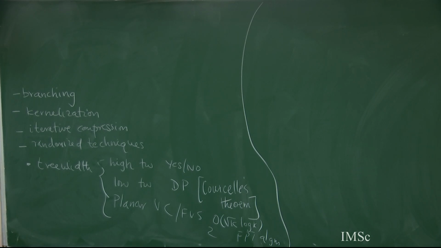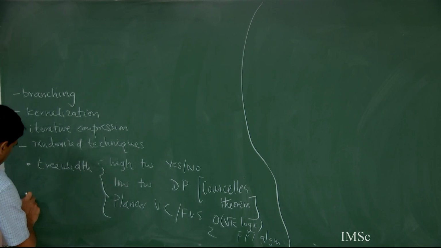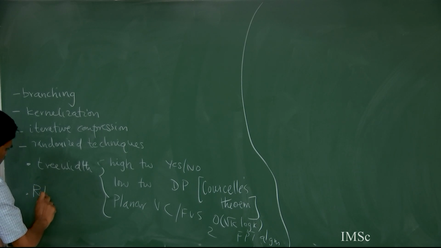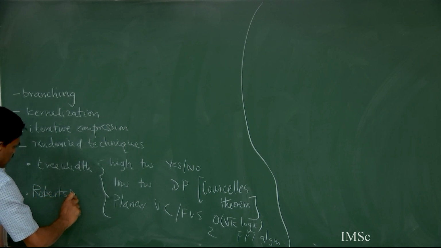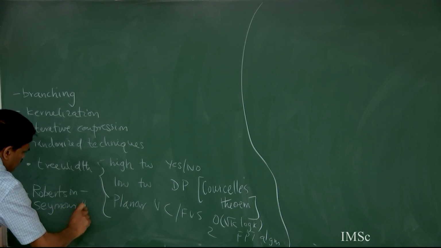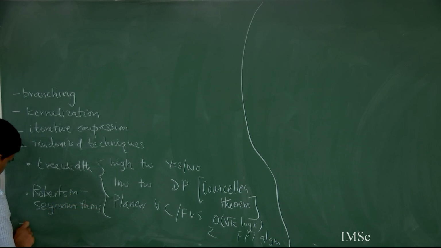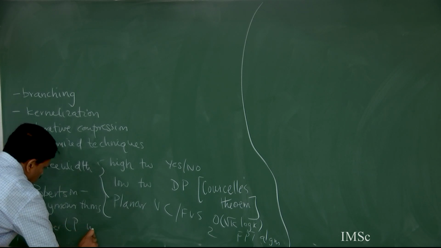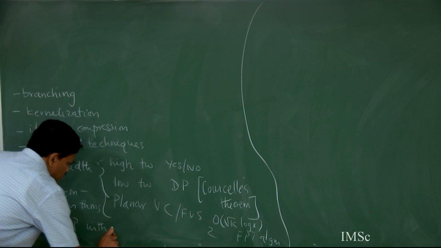Okay. So, the two tools would be, one is this Robertson-Seymour theorem. Another is integer linear programming with a fixed number of variables.